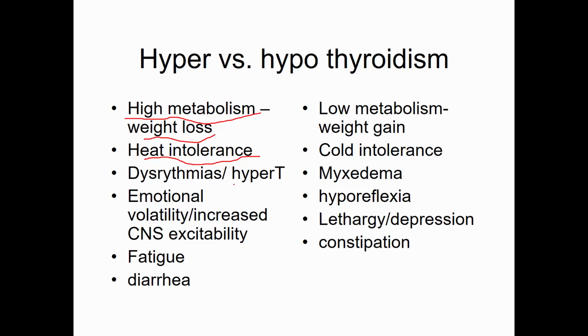Because it enhances cardiac function and increases the sensitivity of the central nervous system and the sympathetic nervous system, we could have heart dysrhythmias, heart palpitations. The person could have hypertension. This could happen or not.